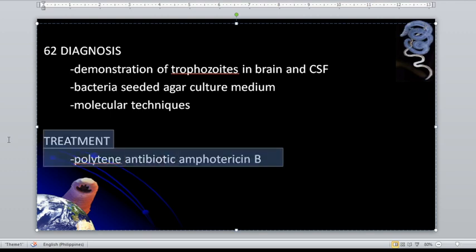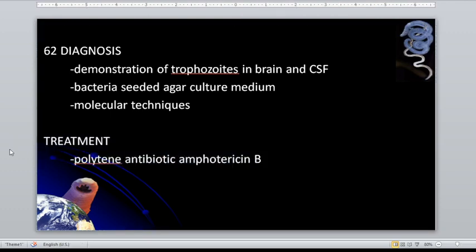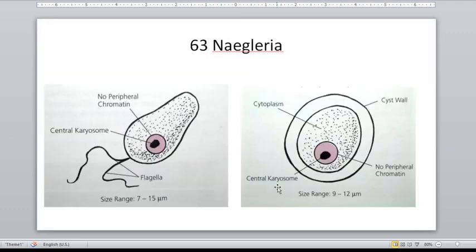And take note, medicine does not have easy access to the brain because of the presence of the blood-brain barrier. We have here the flagellated form, and this is the cyst form, showing the double-walled cyst. It has two walls. It does not show peripheral chromatin, so it shows a central large caryosome, unlike the Acanthamoeba species.